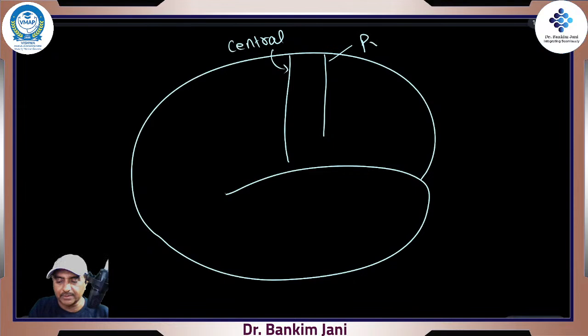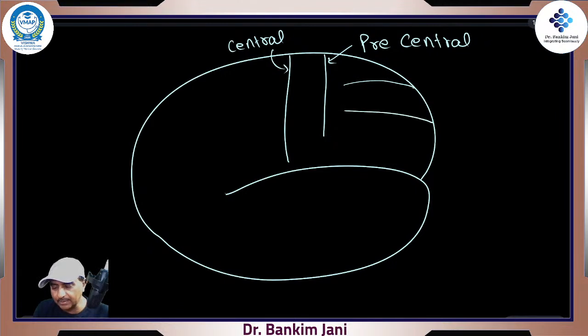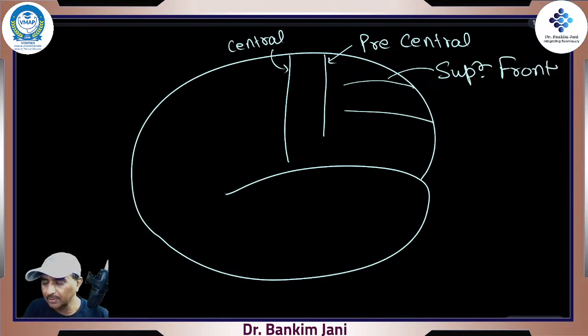So this is the precentral sulcus. With white we will not write sulcus every time; white is for sulcus, and when it comes to gyrus, we'll change the color. Then there were two other sulci, one like this, second one like this. They were frontal: this is superior frontal and this one was inferior frontal.